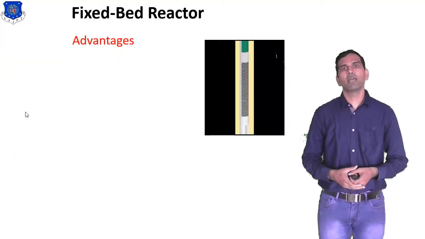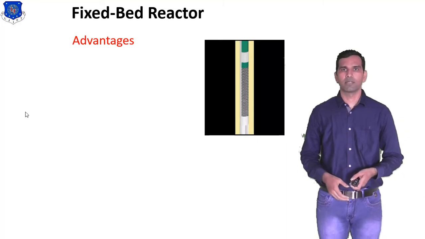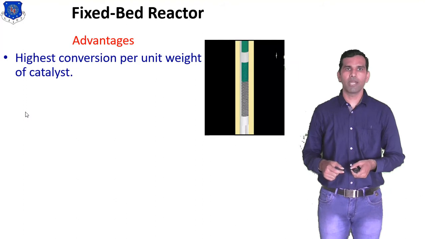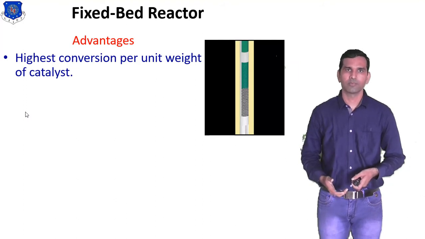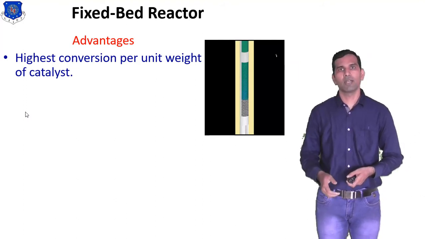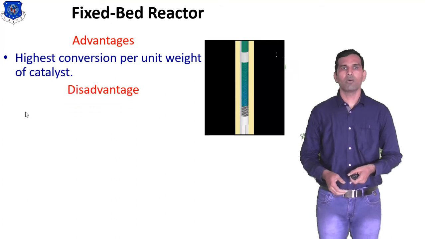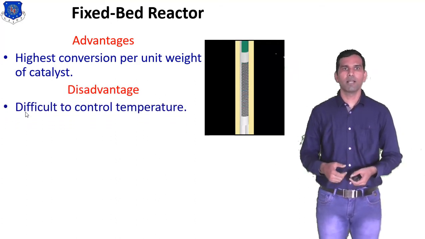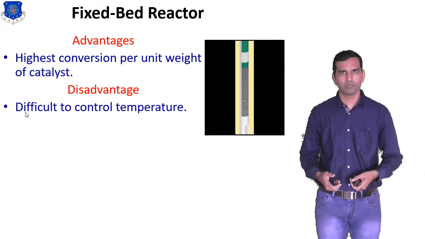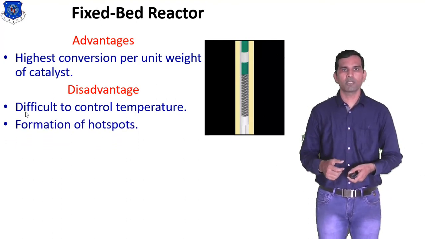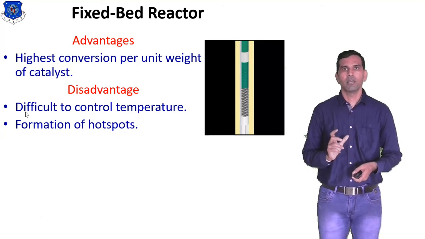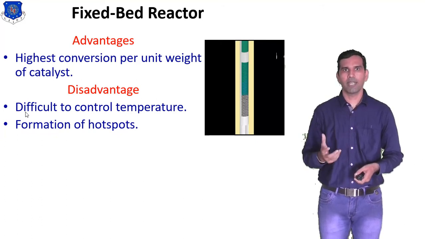Now we discuss the advantage of the fixed bed reactor. It gives the highest conversion per unit weight of catalyst. This is the advantage of the fixed bed reactor. Now the disadvantages: it is difficult to control temperature, and hot spots form. That means in this reactor a hot spot is created in the process.